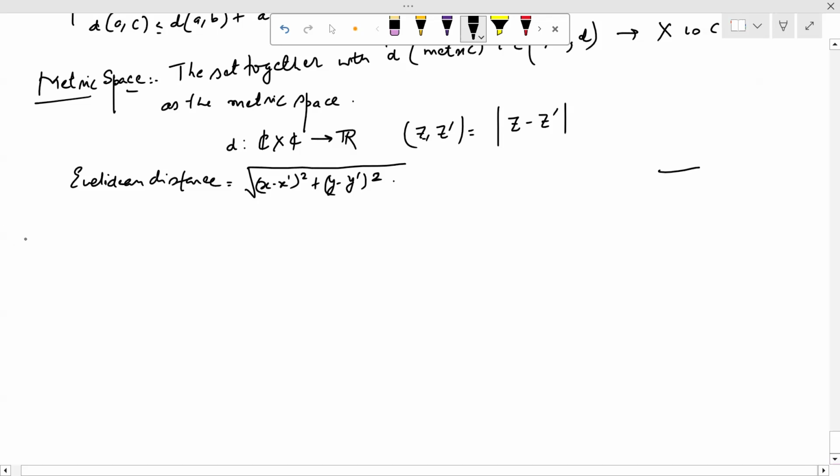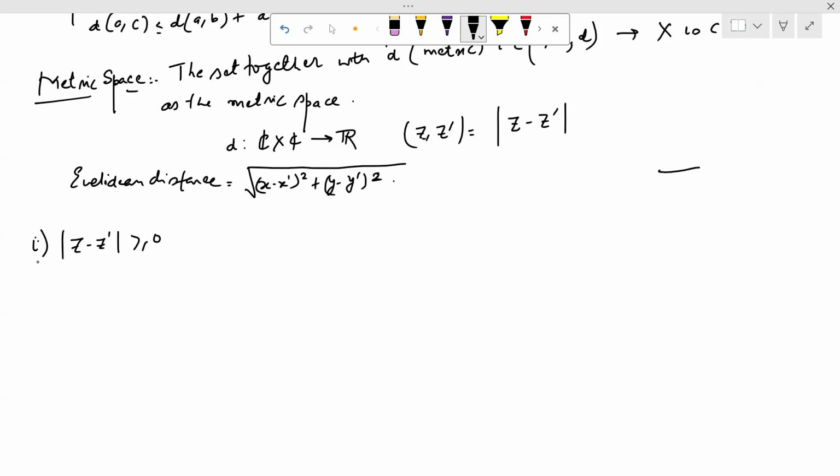See, if you take the distance of any complex number z from another complex number z dash, it is always greater than or equal to 0, point number 1. Second property, if modulus of z minus z dash equals 0, it implies that z has to be equal to z dash. Third property, modulus of z minus z dash equals modulus of z dash minus z, so symmetry is intact.